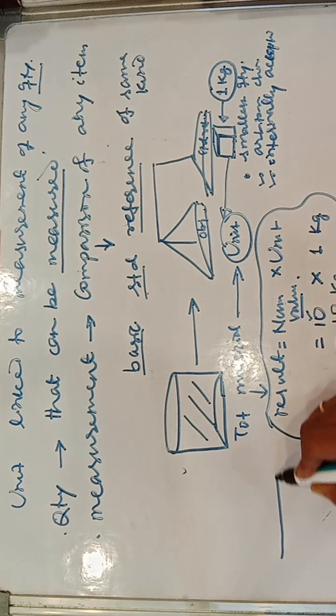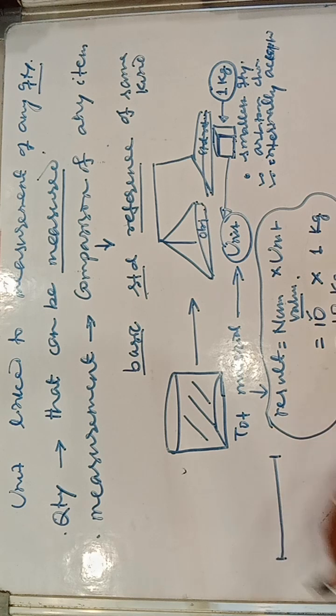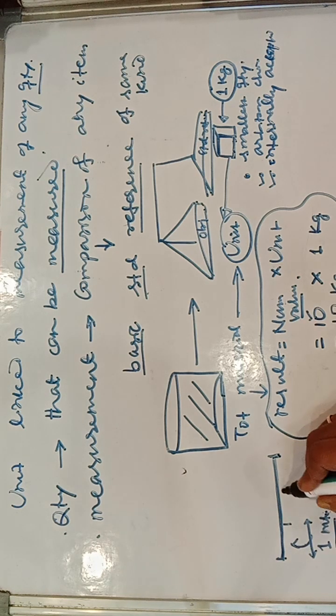Accordingly, when we measure the length of any object and the standard reference is 1 meter, then the total length of the object is compared with this smallest internationally accepted unit, that is 1 meter, and we come to know how many times it is larger.